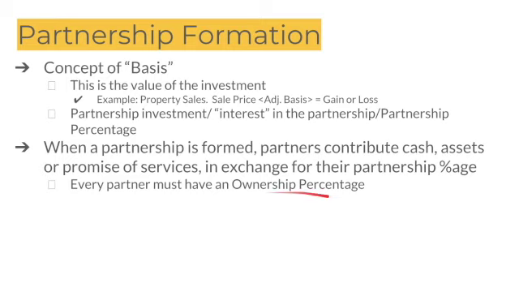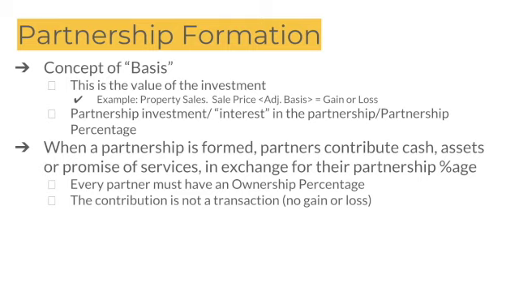Every partner must have an ownership percentage and the rules apply. Sometimes people will try and say, I'm a 50% partner, but nothing affects me. You can't do that. You're taxed no matter what. Your basis is affected according to the rules, which are certainly similar to the property rules we've been learning.